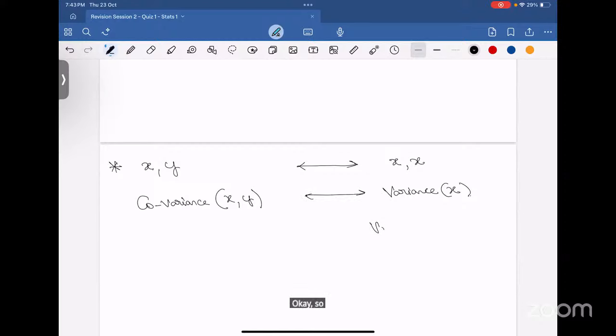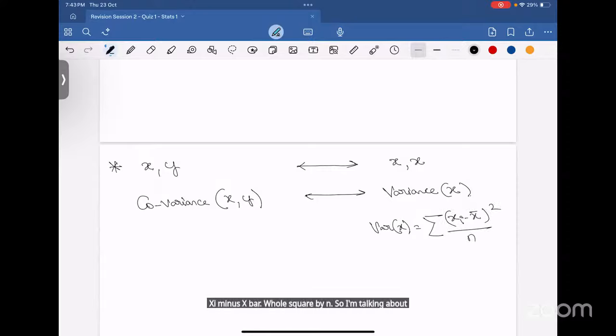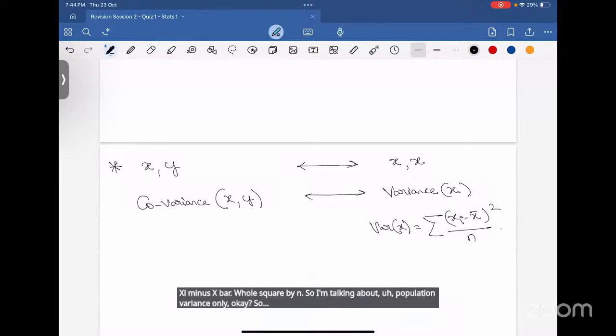What is the variance of x? It is summation xi minus x bar whole square by n. I'm talking about population variance only. If it is sample, the only difference will be that the denominator will change.